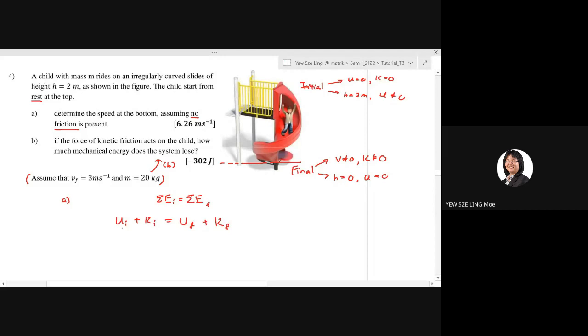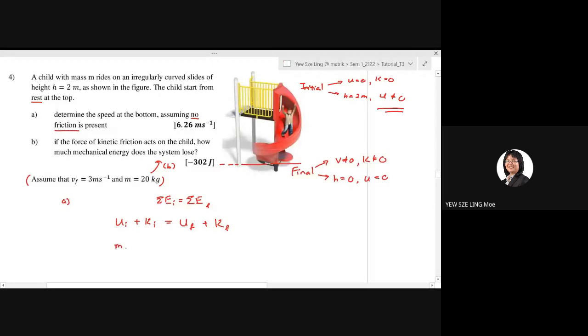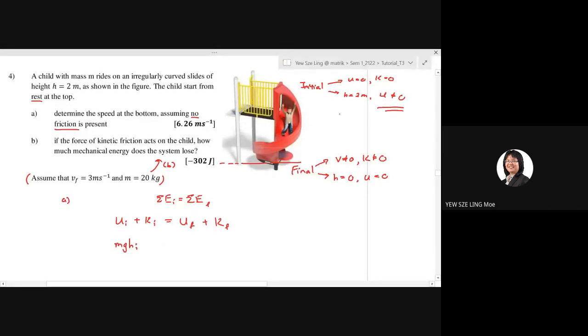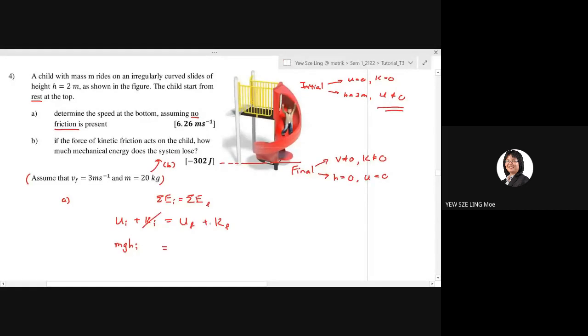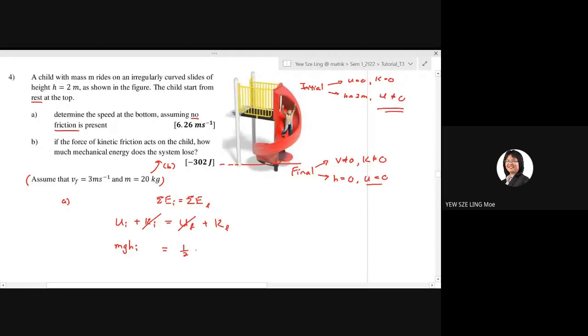U initial is non-zero, so I substitute mgh initial. K initial is 0, so cross it out. U final is 0, so cross it out, and K final is 1 over 2 mv squared.